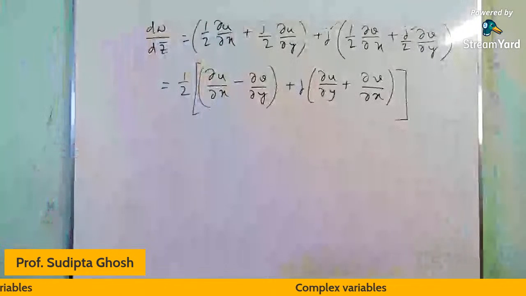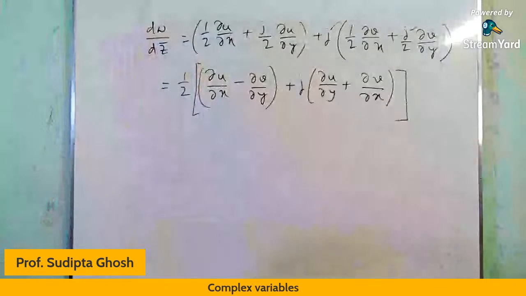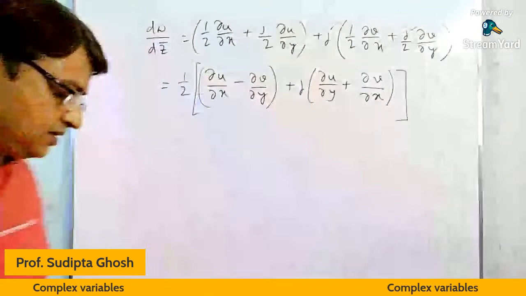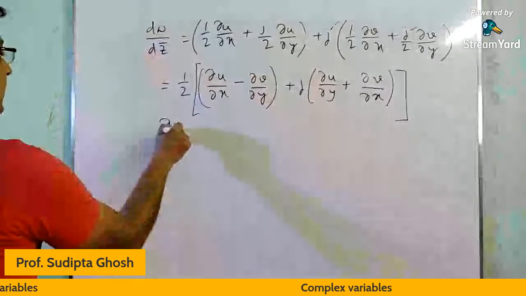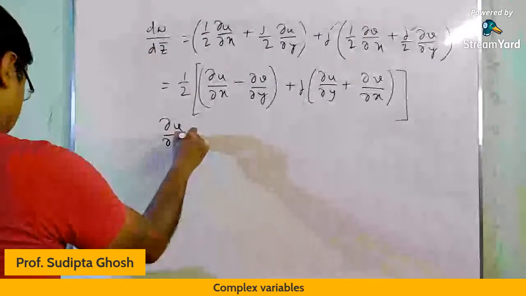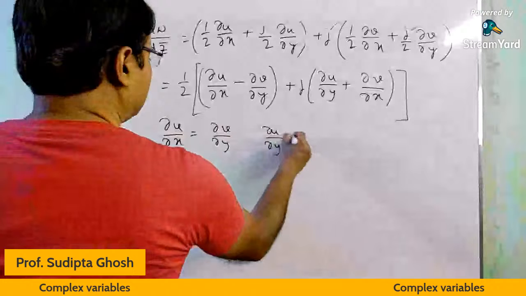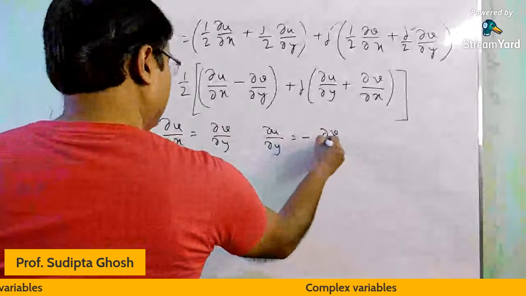Now again we are going to apply those Cauchy Riemann equations, that is del u del x equals del v del y and del u del y equals minus del v del x.